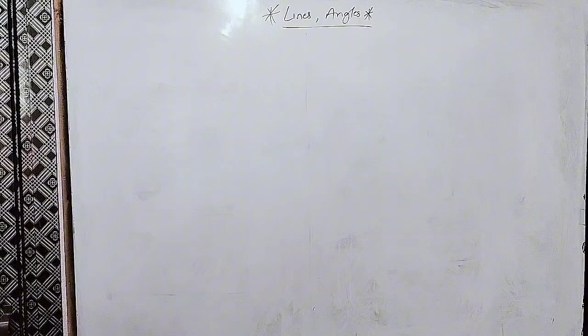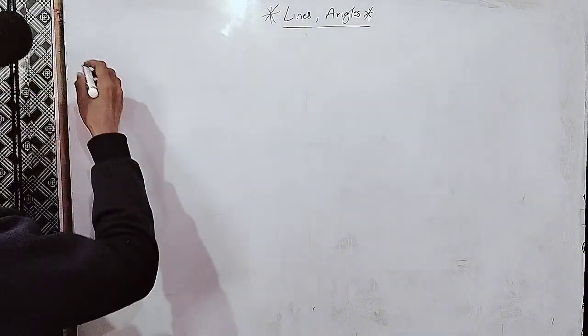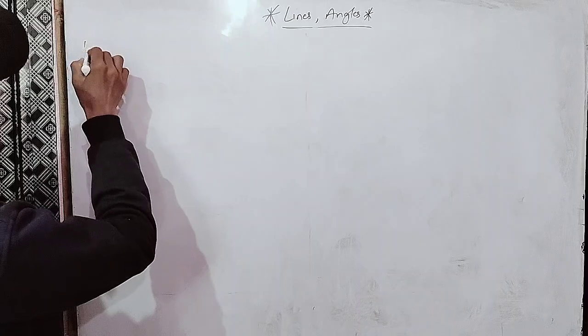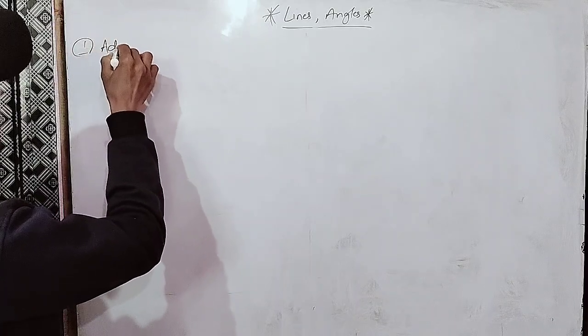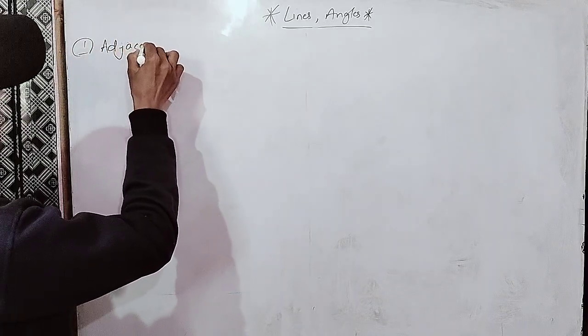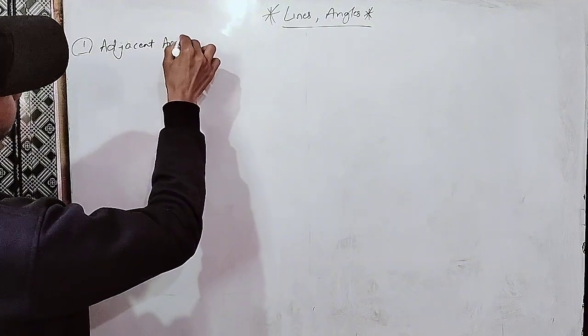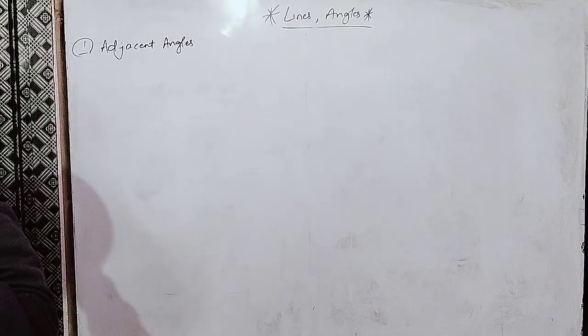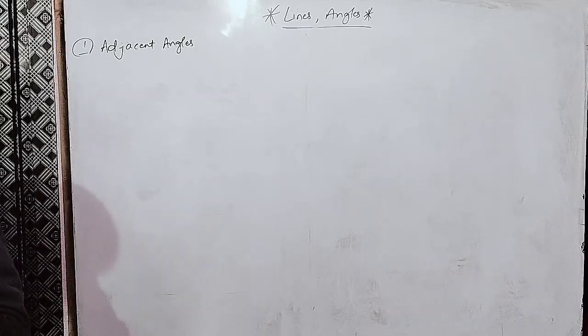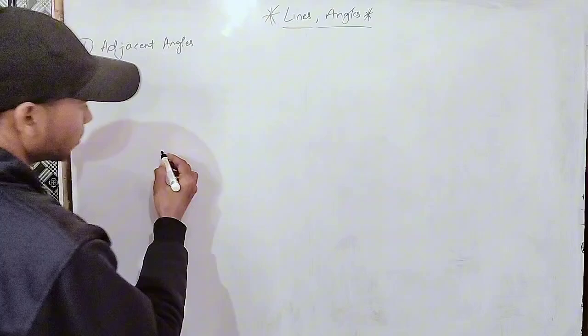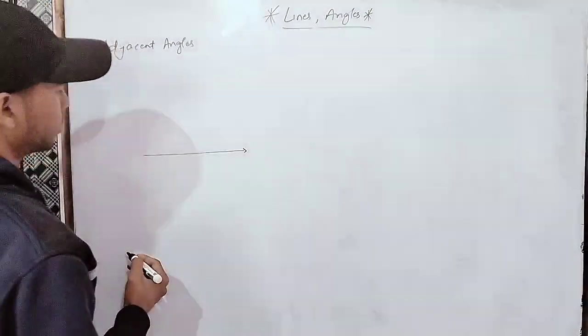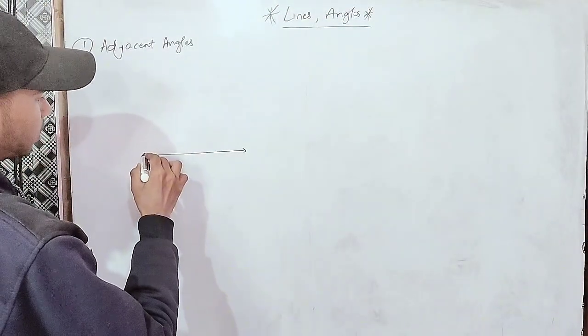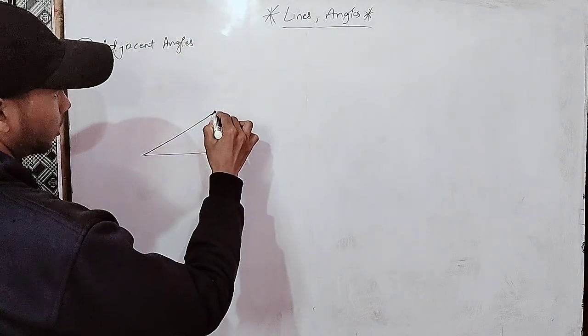Next is adjacent angles. This is an arrow line and this is an arrow.